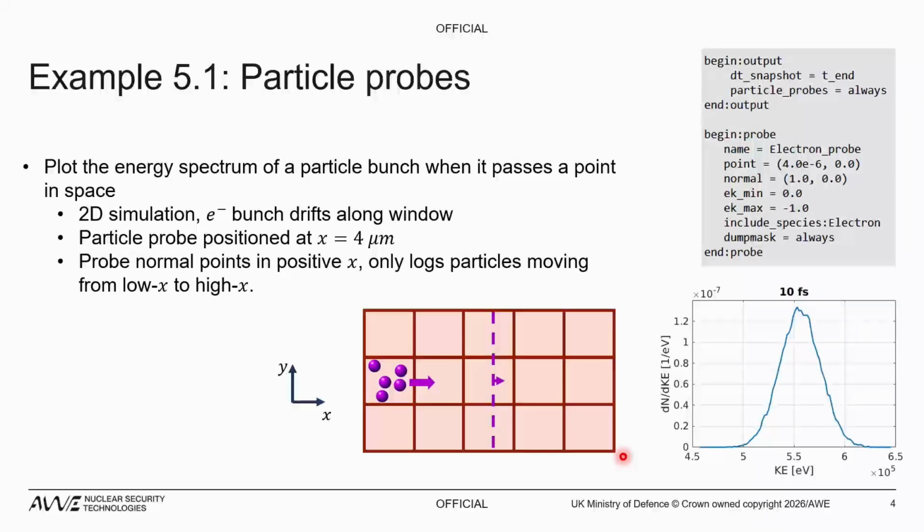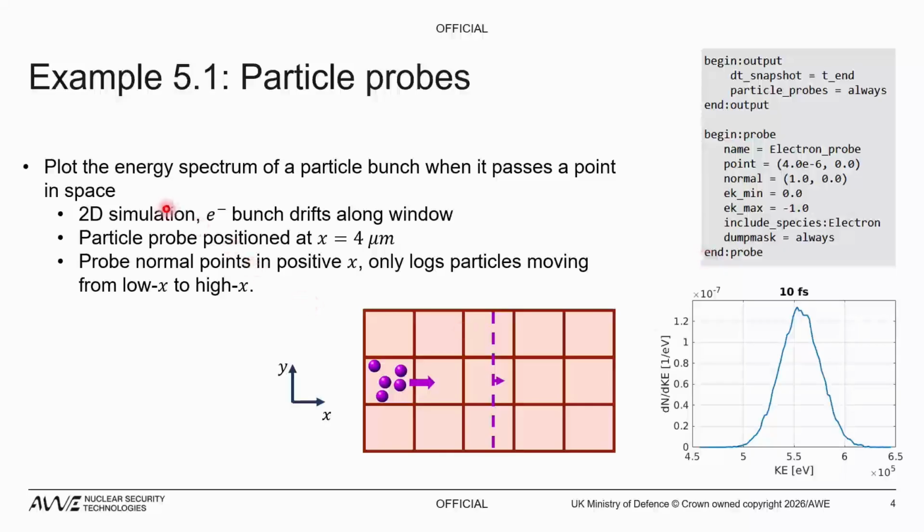So here's a little example that we have for you, example 5.1 in these slides on the EPOCH workshop. We have an output block which says we always want to output particle probes, and we have to specify the probes in different unique probe blocks. Again, you'll be able to find all these parameters that you can set on the probe on the EPOCH documentation pages in the user guide.